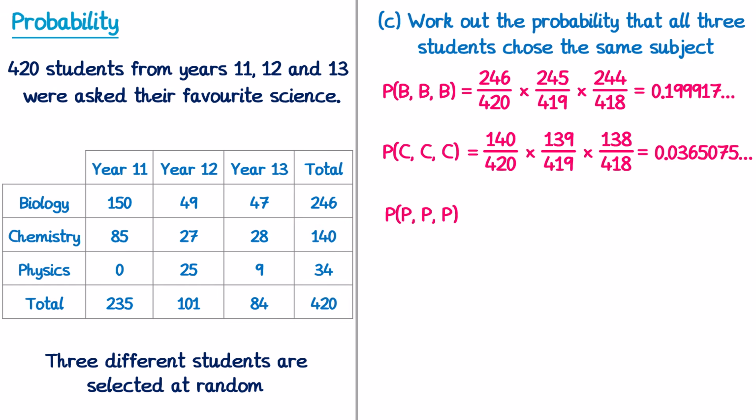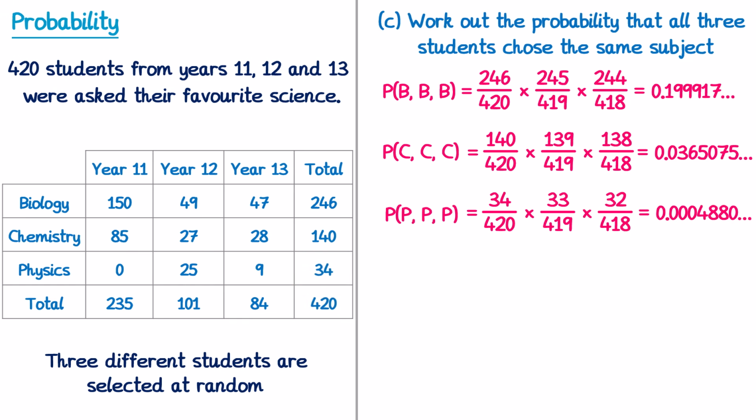And if you repeat the same process for physics, there were only 34 students that selected that one out of 420, so it's 34 out of 420, multiplied by 33 out of 419, multiplied by 32 out of 418, which gives you this number here.